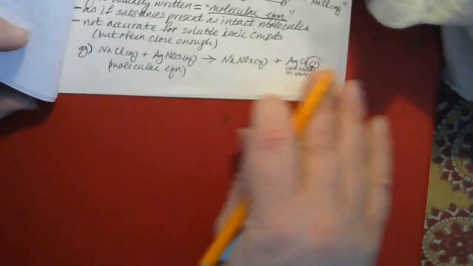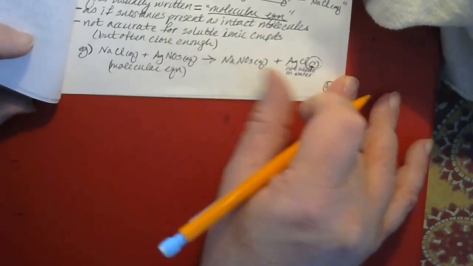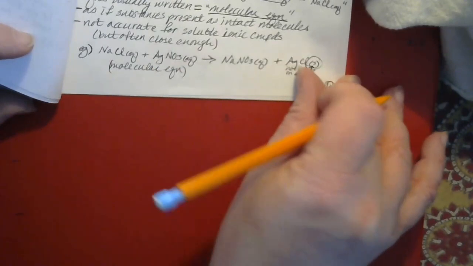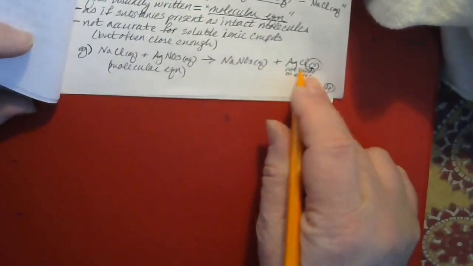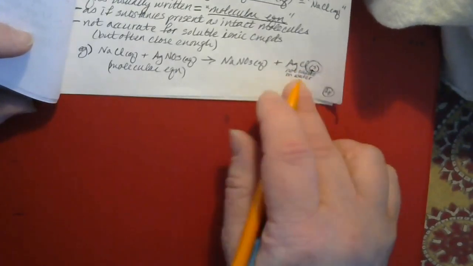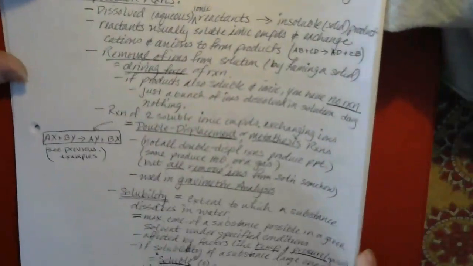So we had soluble sodium chloride and soluble silver nitrate producing soluble sodium nitrate and insoluble silver chloride. And the fact that silver chloride drops out of solution as a solid makes the silver chloride what's known as the precipitate, because it comes precipitating out of solution. It kind of looks like snow falling out of the sky, precipitation. And so that's called a precipitate.